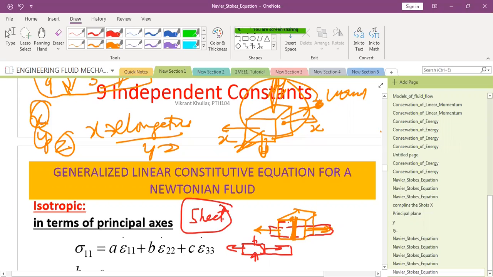How do you make a metal sheet or wire? You pull it in one direction, so it elongates in one direction and it reduces in other directions. हाँ जी, आप समझ रहे हैं? यस. हाँ जी, any doubts please ask me. आपको समझ आया ये मैं क्या कह रहा हूं?